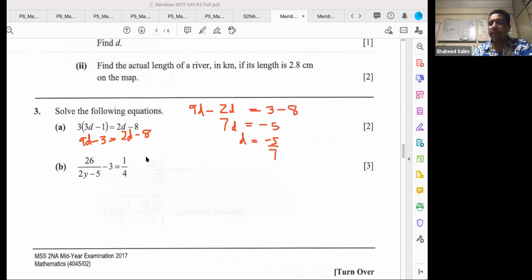So bring the 3 over there first, then combine it as one improper fraction. Then you can do seesaw method.